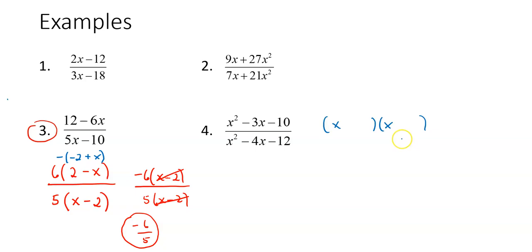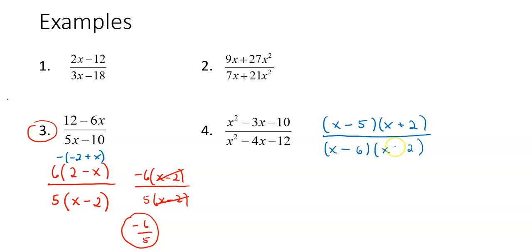I need two numbers that multiply to be negative 10 and add to be negative 3. So I'm thinking negative 5 and positive 2. So I get x squared minus 3x minus 10. That works. Down the bottom, I need two factors that multiply to be negative 12 and add to be negative 4. So 3 and 4 aren't going to work. They're too close together. How about 6 and 2?